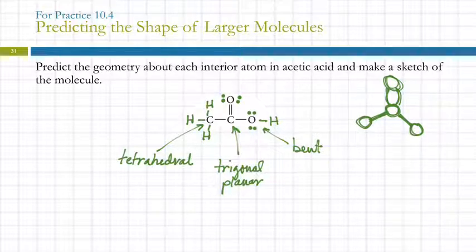Then this oxygen is going to be tetrahedral with the hydrogen. So that's hydrogen, this is oxygen, that's carbon. This is oxygen, and this is carbon. And then this carbon is tetrahedral with those hydrogens. So we could put one in the plane, and then we've got one kind of sticking out at us, and one kind of going back behind.